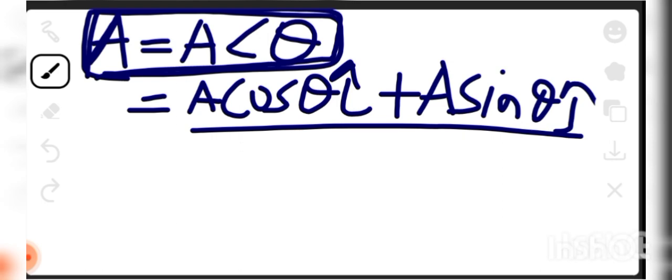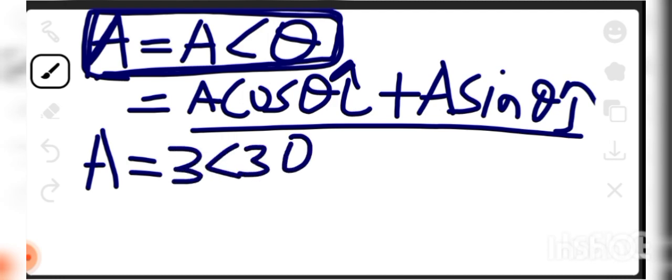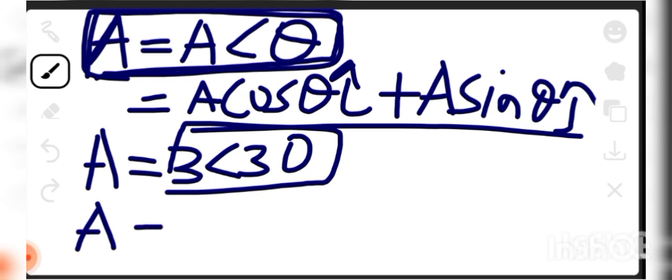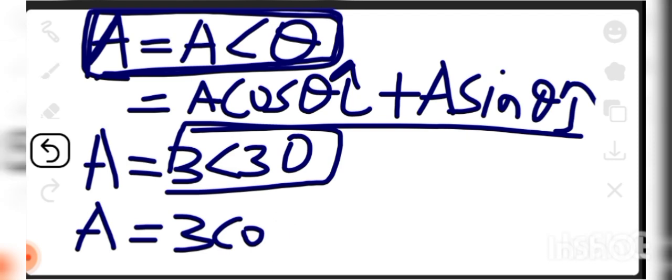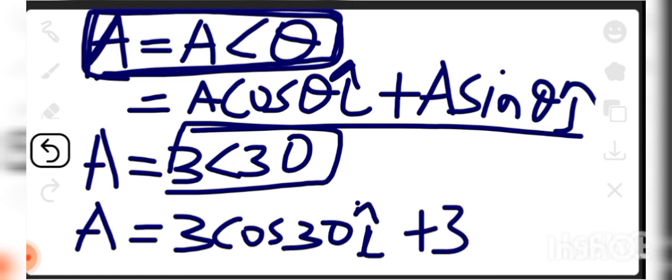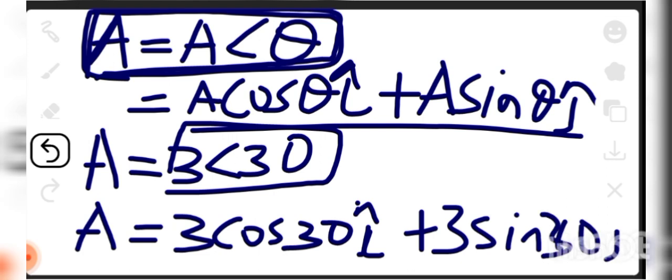For example, if I ask you now, if vector A is equal to, let's say, 3 at the angle of 30 degrees, and I ask what is the actual form of this, or rewrite this one, you just tell me A is equal to 3 cos 30 i plus 3 sin 30 j.